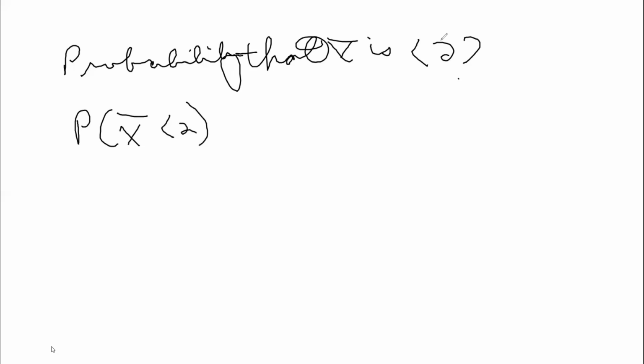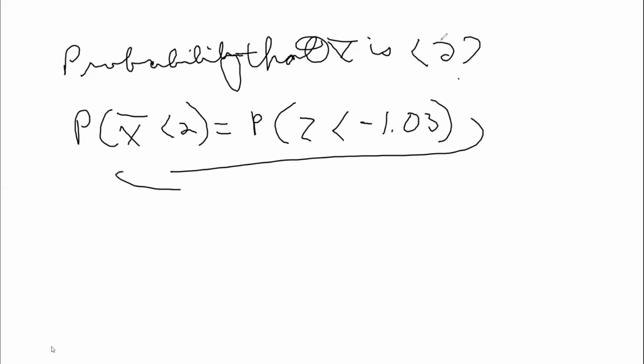I just wrote it in that form. The probability that your z-score, which you get from chapter 3, is less than negative 1.03.